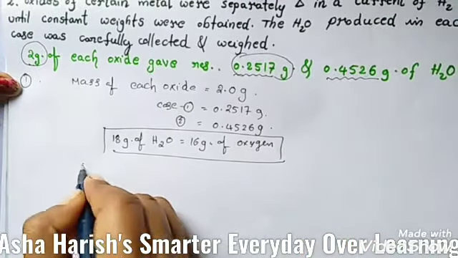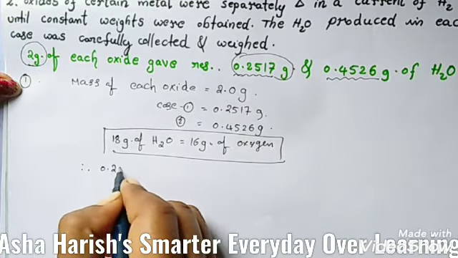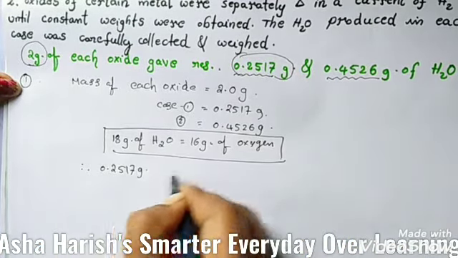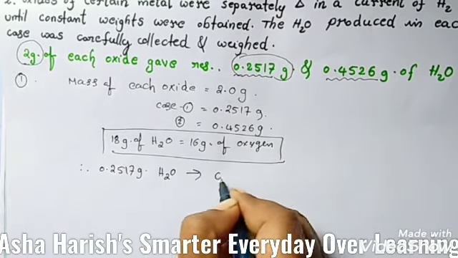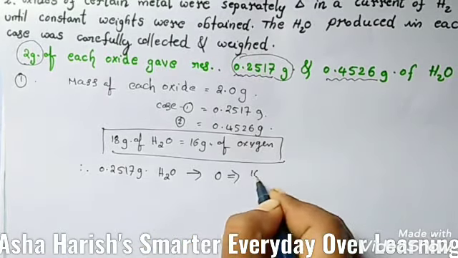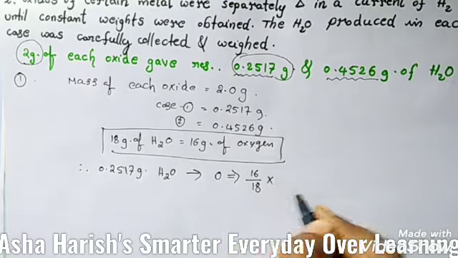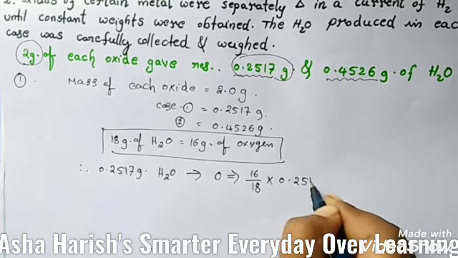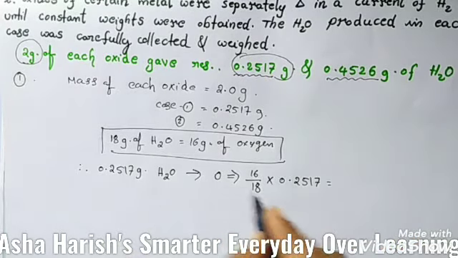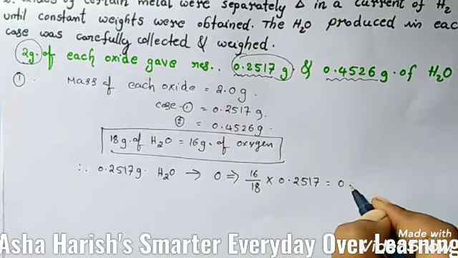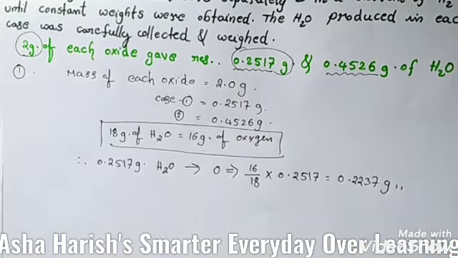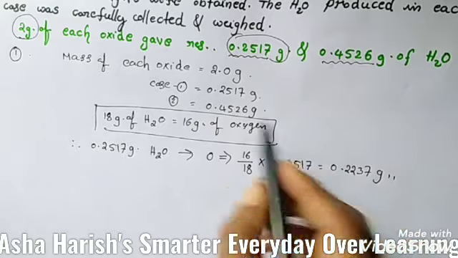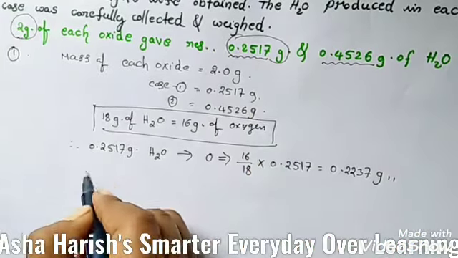Now therefore 0.2517 grams of water H2O contains oxygen of 16 by 18 into 0.2517. Okay, and that is only 0.2237 grams.